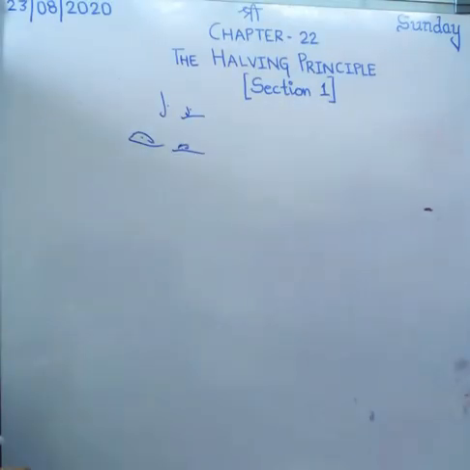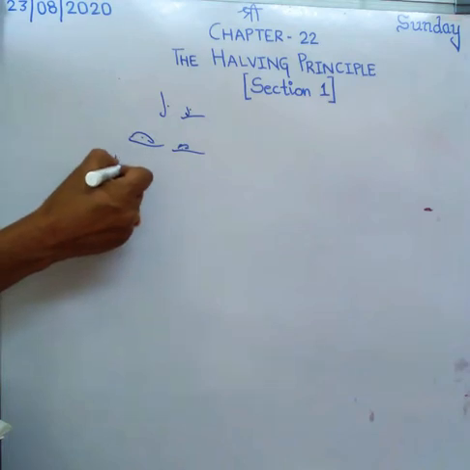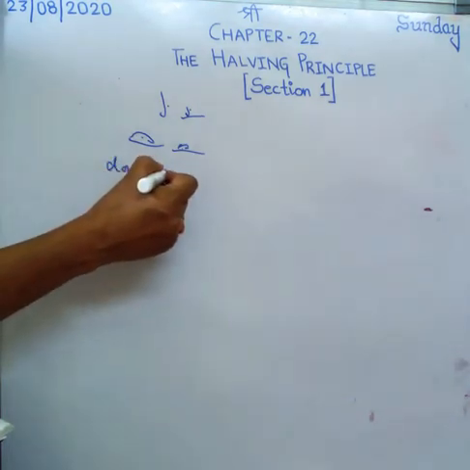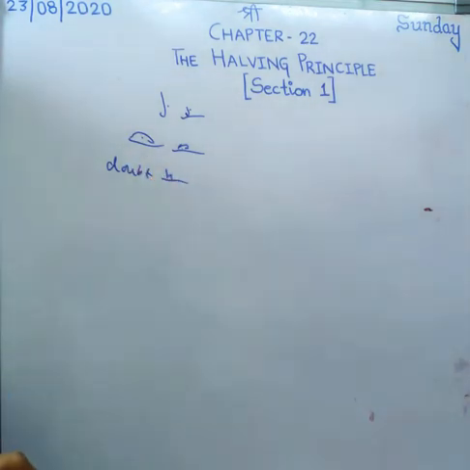In the same way, if there is an attached diphthong, here the word attached is important. It should be attached. For example, D-O-U-B-T, doubt, D and diphthong. So there is an attached diphthong.